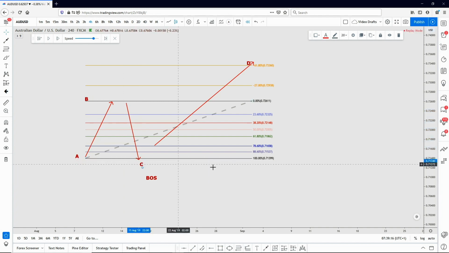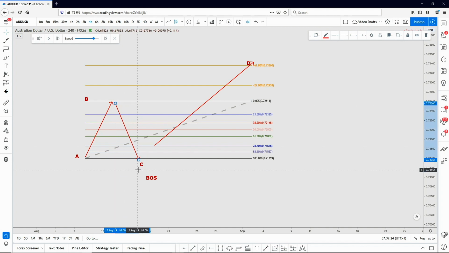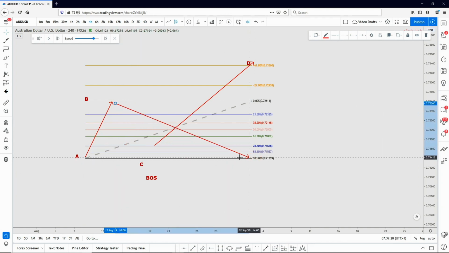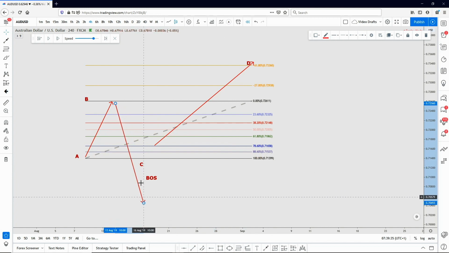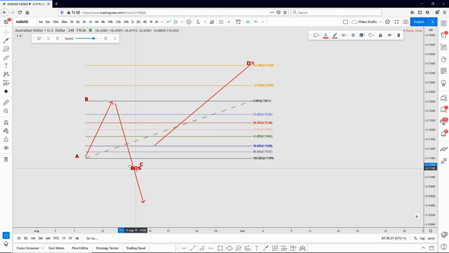See this? This is why it's 100% retrace, because the starting point's A and it went all the way to B, and if it retraces all the way back to the starting point, which is 100% retrace, that's why I say break of structure is 100% retrace. So if it surpasses 100%, that's what we call a break of structure.